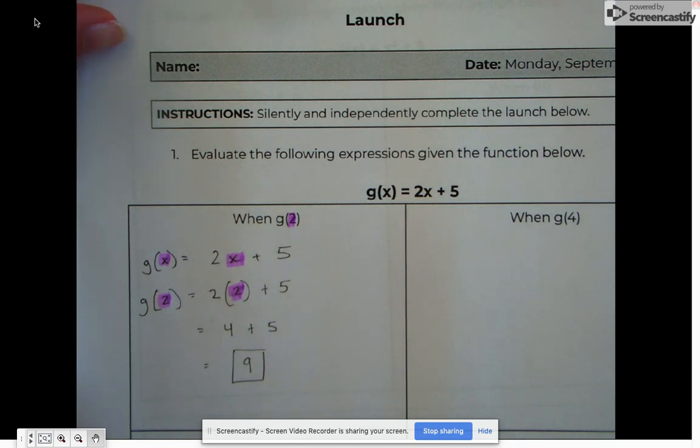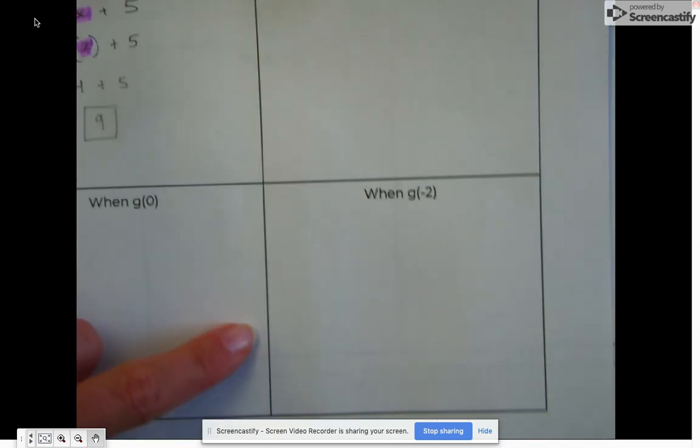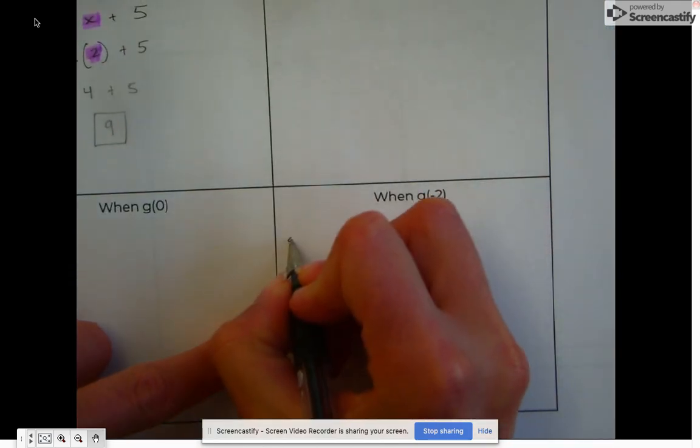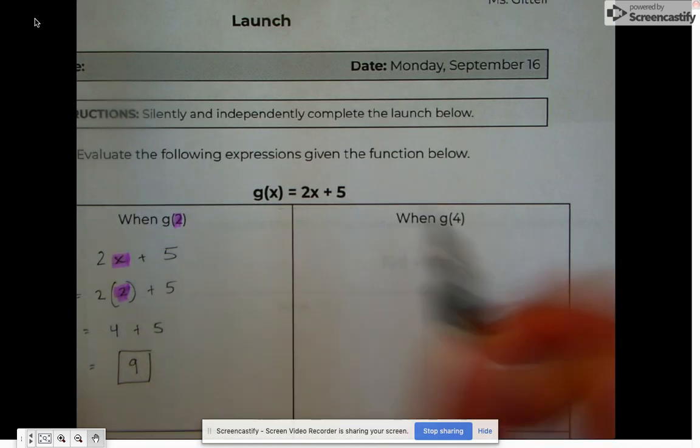Let's do the last one because it involves a negative number. It's g of negative 2. Okay, so same thing. I'm going to first copy down my function. I'm still using the same one, g of x equals 2x plus 5.